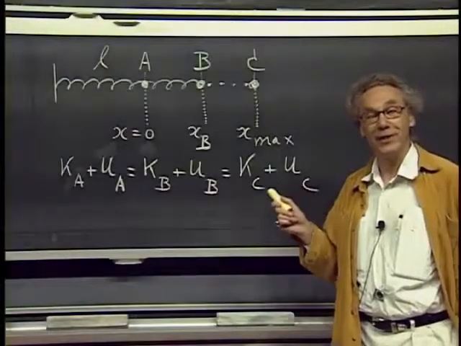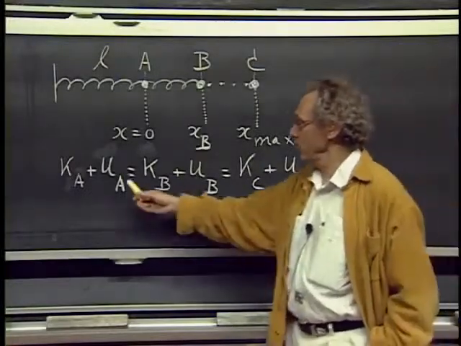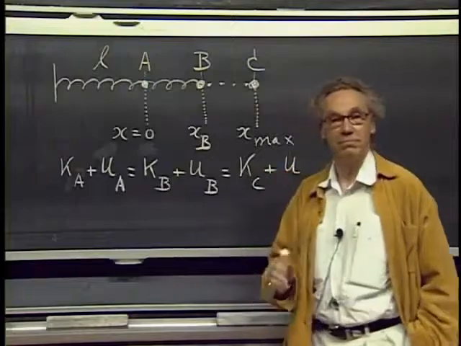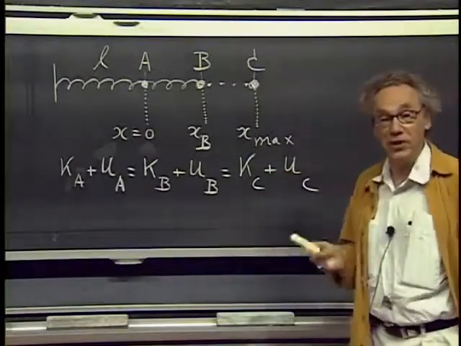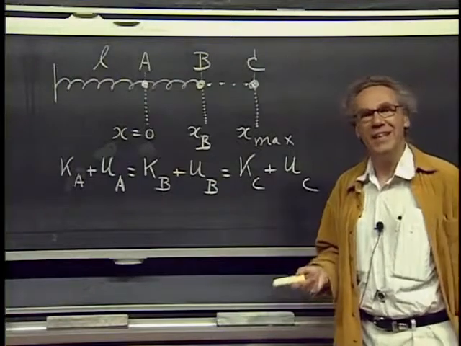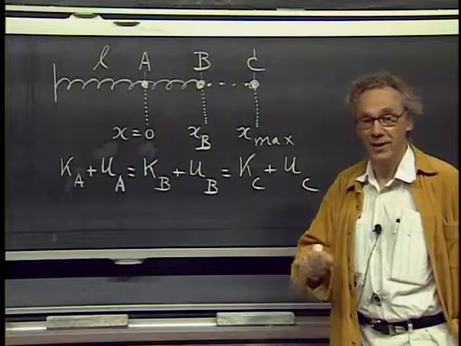When I watched this lecture, I noticed a slip of the tongue. Clearly, the potential energy at A is 0. That's fine. But at C, the object is standing still. So at C, it is the kinetic energy that is 0, and not the potential energy.